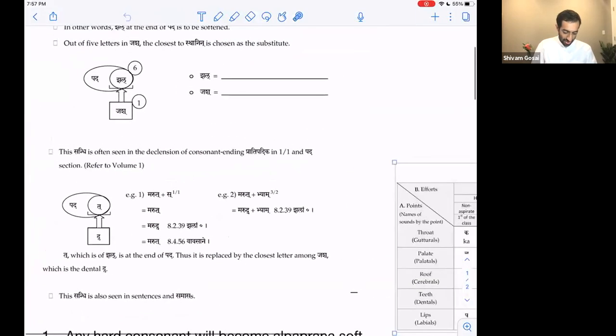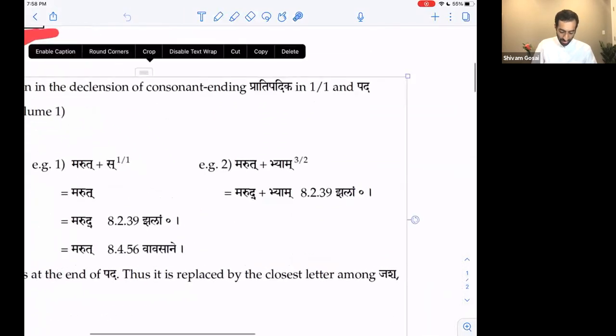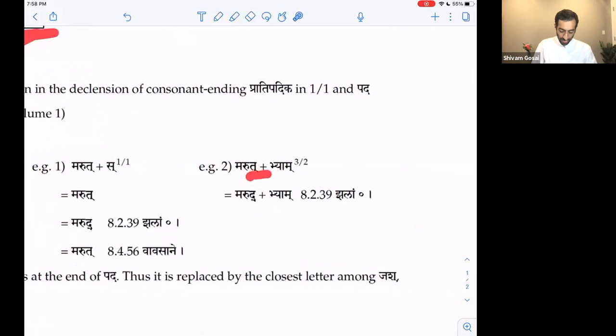So now this applies because we have a jal at the end of a pada. Therefore, it can be replaced by jash. So marut gets replaced by marud. Marud bhyam.